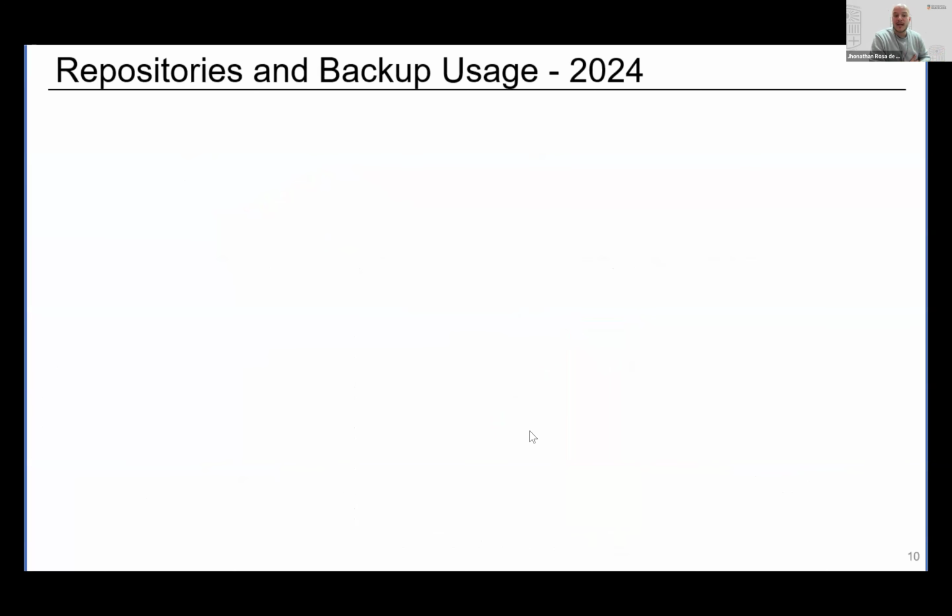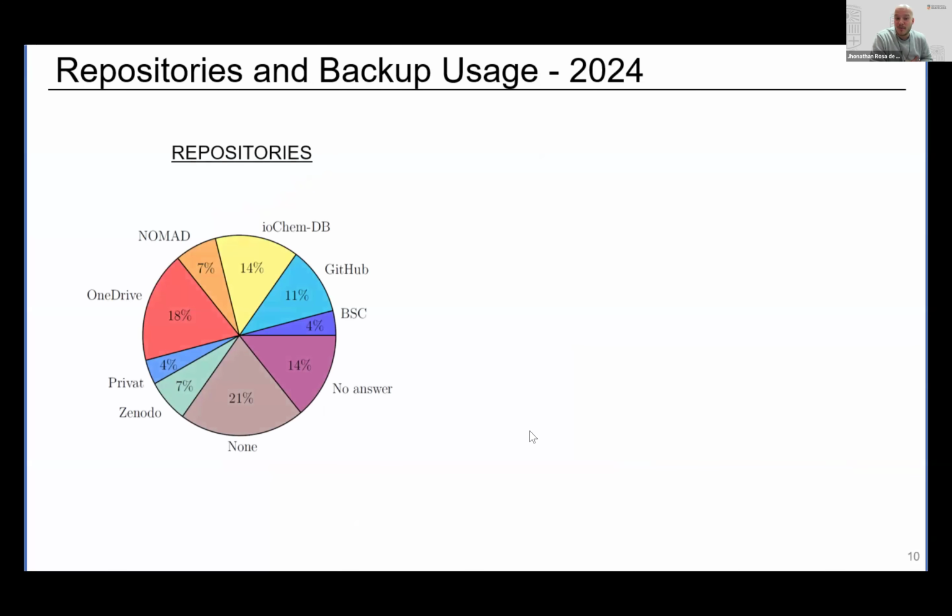Also about the repository and backup usage. About the repository, this is the profile of the IQTC. As we can see here, we have a diverse profile, and it's not central, because the whole community of the IQTC is not putting the data in just one repository. And we also have a non-negligible percentage: 21% of the institute does not use any kind of repository.